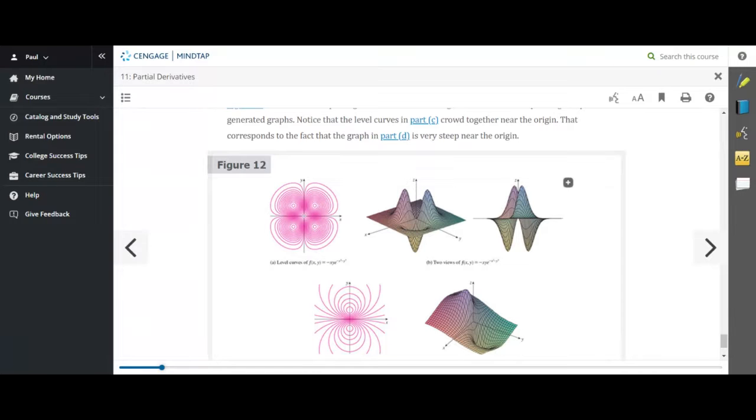If you look at that first picture in Figure 12, you have two hills and two valleys, but the contour plot in the four quadrants all looks the same, right? Contour plots are nice, but sometimes it's also nice to have the values of the level curves. And similar situation with the second picture.